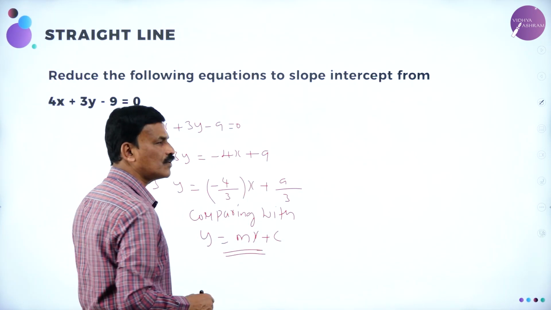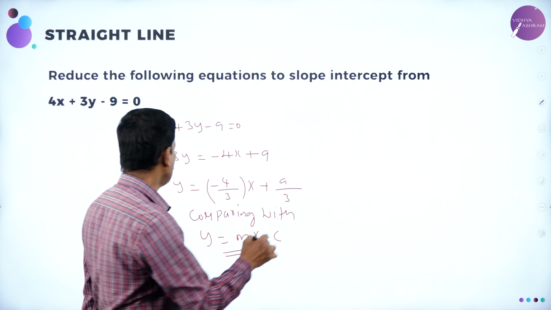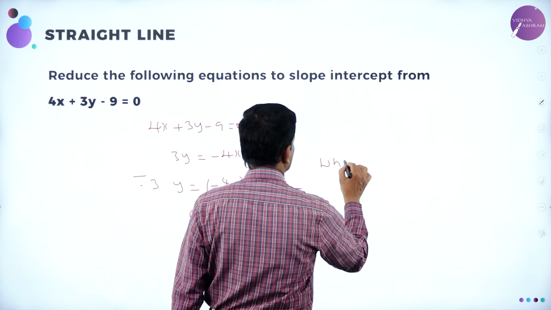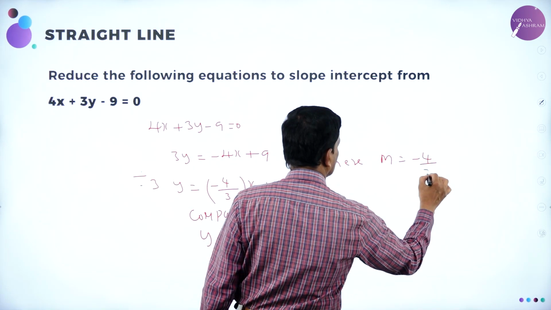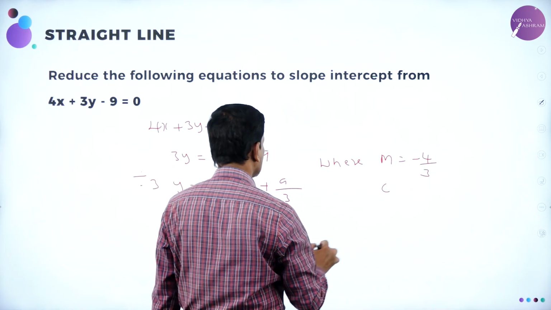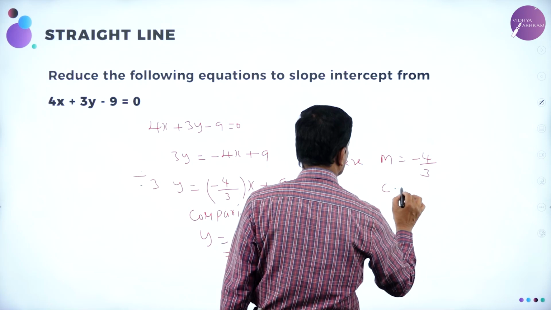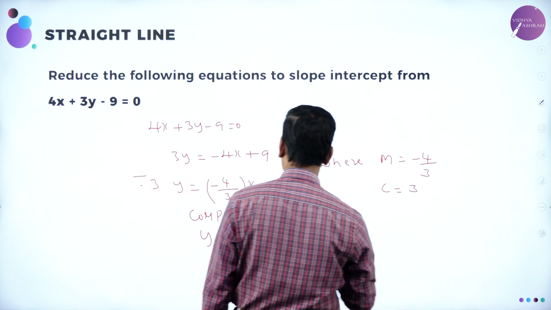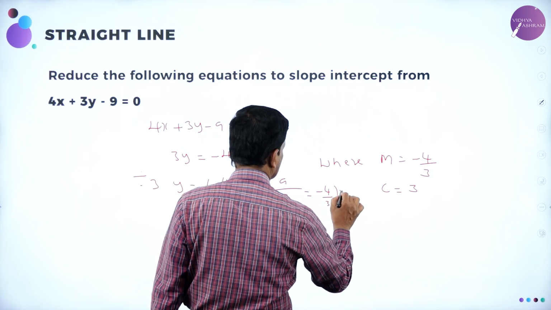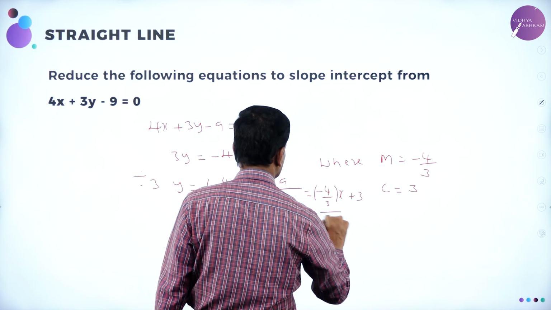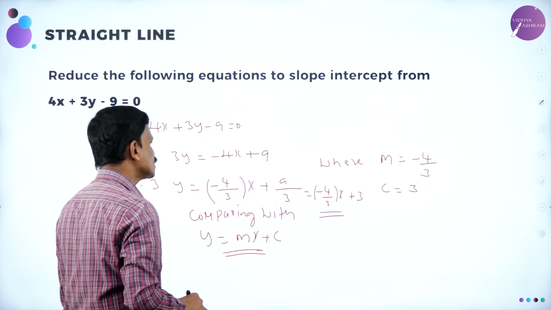So this is of the form y is equal to mx plus c, where m is the slope, minus 4 by 3, and the intercept c is equal to 9 by 3. 9 by 3 is nothing but 3. So this can also be written as y is equal to minus 4 by 3 x plus 3.